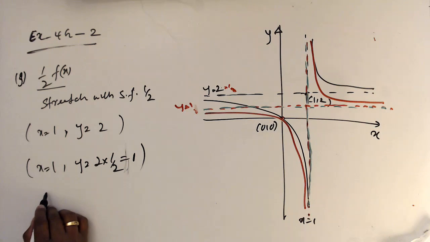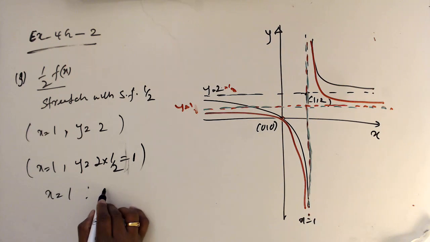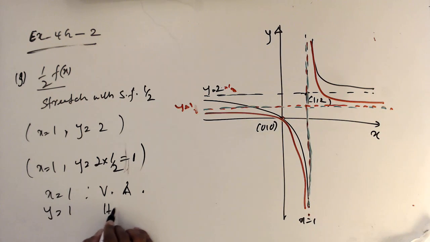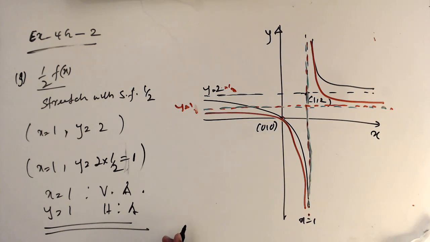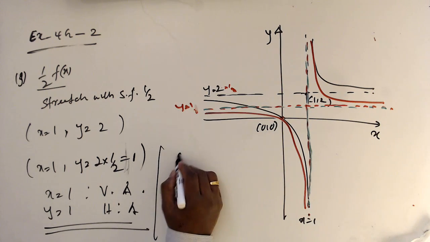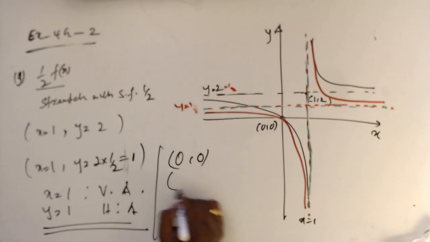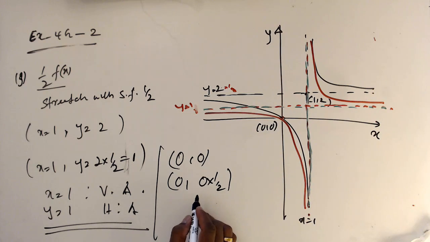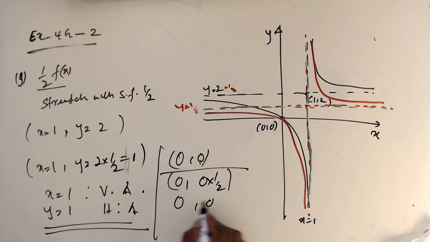Then the new asymptotes are x equal 1, the vertical asymptote, and y equal 1, the horizontal asymptote. If you want to think about another point, 0, 0, then 0 times half is still 0. That point stays the same.